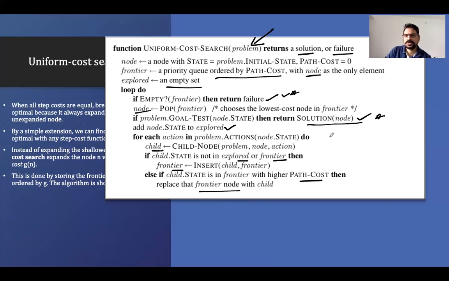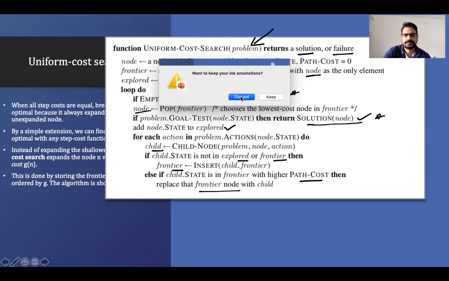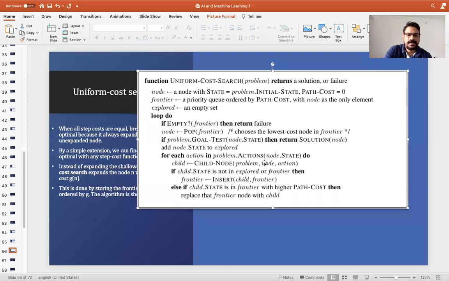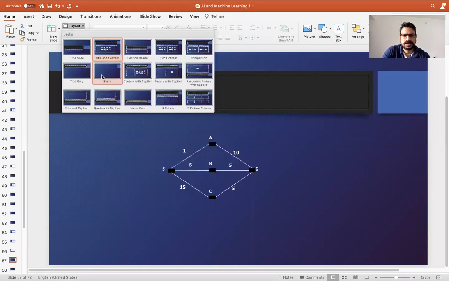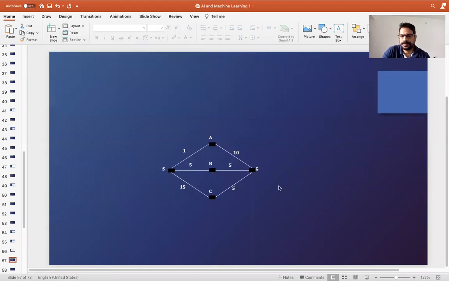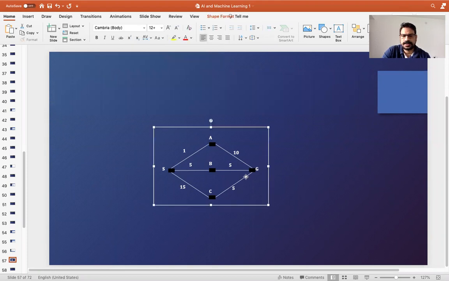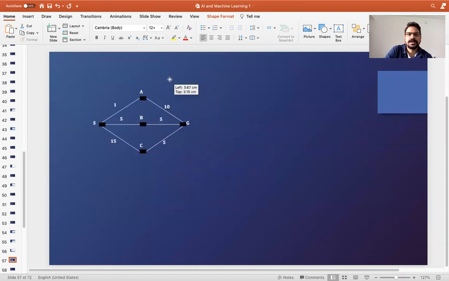Let's try to solve a problem by using this particular algorithm. You all have learned about the Dijkstra shortest path algorithm in the algorithm subject. And this uniform cost search is a modification of the Dijkstra algorithm.